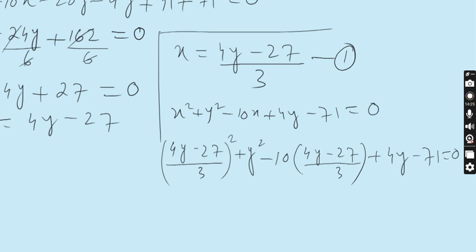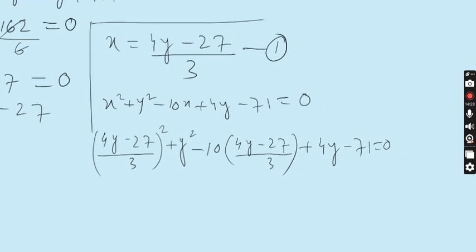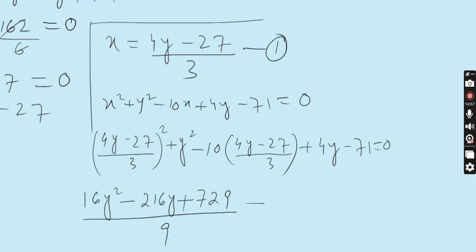Now expand (4y minus 27) whole square with the help of the (a minus b) whole square formula. So 4y square is 16y square, minus 4 into 2 into 27, 216y, plus 27 square is 729 upon 3 square is 9, minus 10 4s are 40y, and minus 10 into minus 27 is 270 upon 3, plus 4y minus 71 is equal to 0.